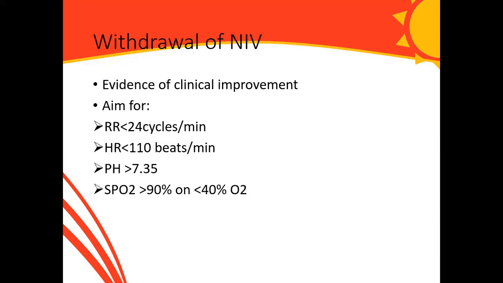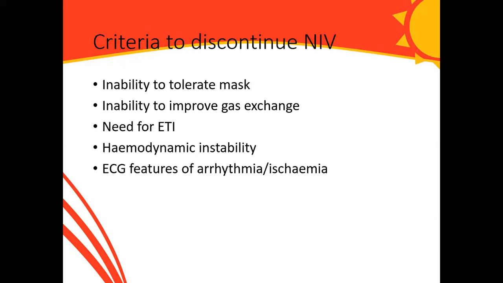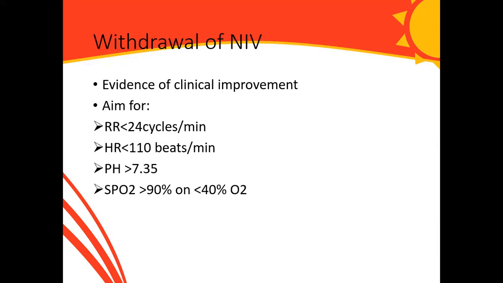Now, there are two things there: discontinue and withdraw. Withdraw is when your patient is doing well and there's evidence of clinical improvement. You want to stop or withdraw the patient.